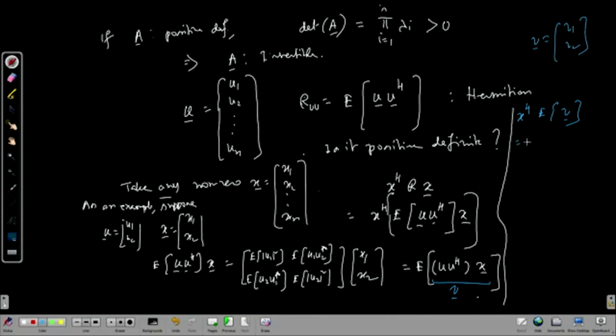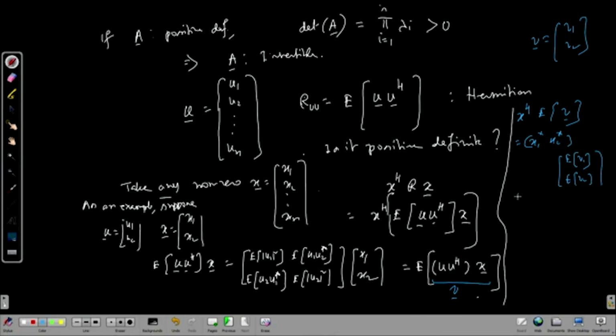Then it will be x h, meaning x1 star, x2 star, and E v1, E v2. And we multiply this by x1 star, this by x2 star, and then add x1 star times this plus x2 star times this, and add, that is what this is.